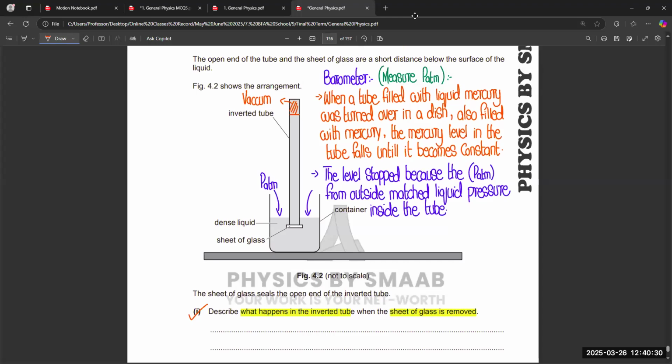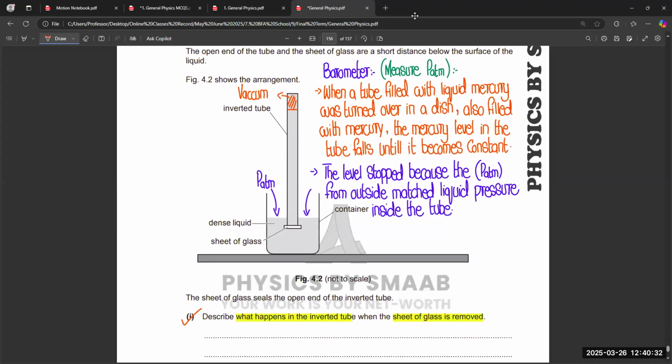When we remove the sheet of glass, the mercury level in the tube falls until it becomes constant, and this level stops because the atmospheric pressure from the outside becomes equal to the liquid pressure inside the tube. When both pressures are equal to each other, the liquid stops falling in a downward direction because both values are now constant inside and outside.